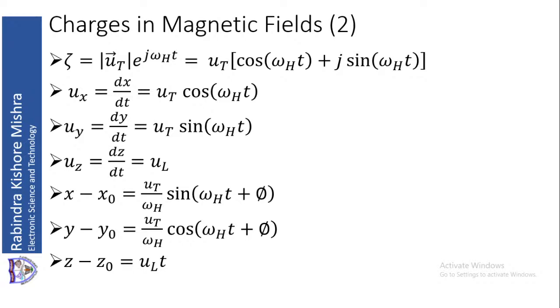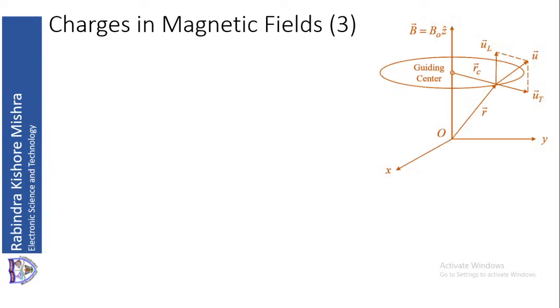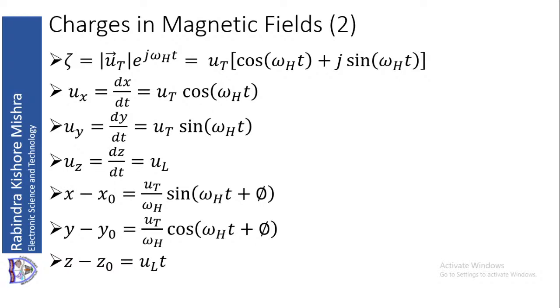Now consider the two equations for x and y. In these, one is x minus x0, the other is y minus y0. If I take the square of those two, x minus x0 square plus y minus y0 square will be equal to ut by omega h whole square.